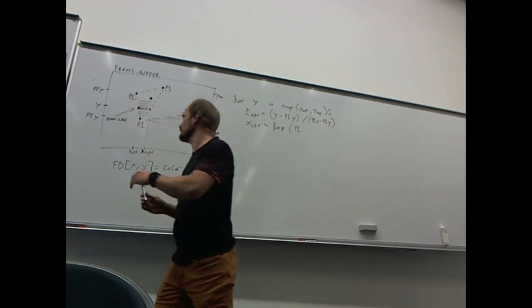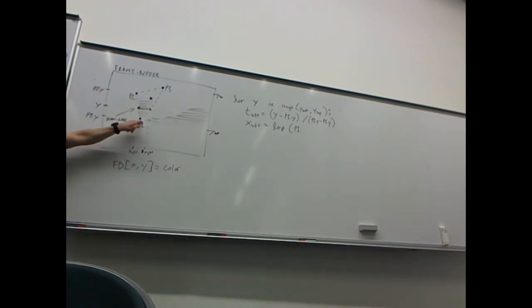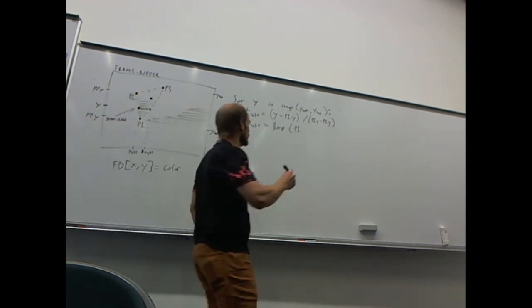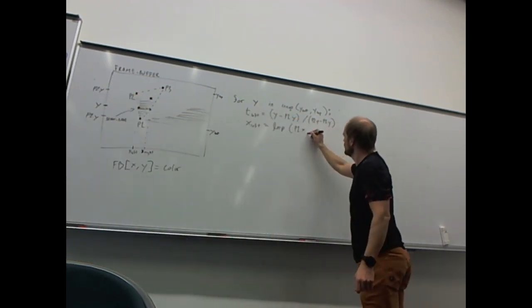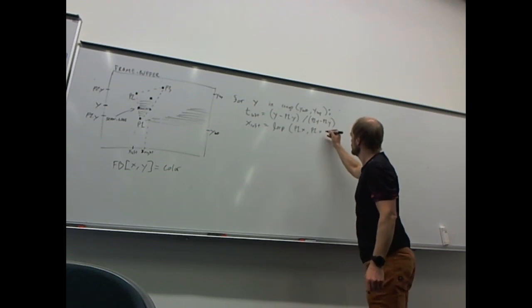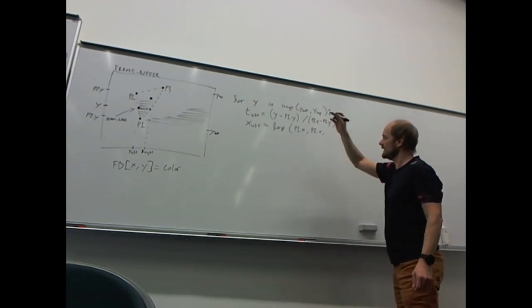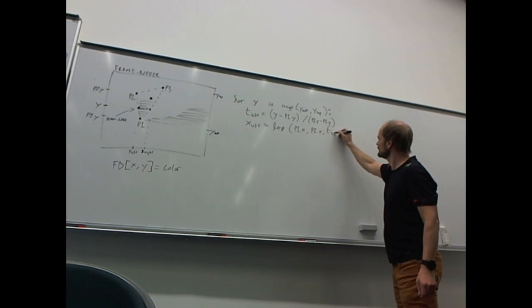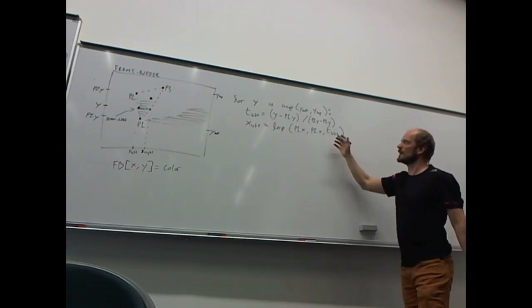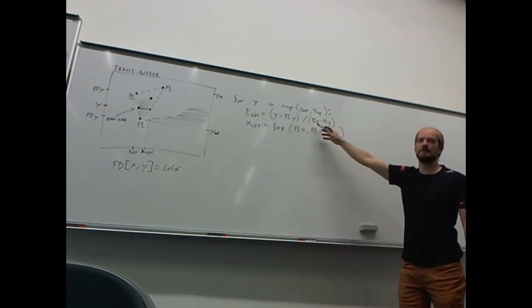So I'm going to say if I take the linear interpolation of the x value of P1 and the x value of P2 and the ratio that I know in the other dimension, I'm basically taking the ratio in this dimension and moving it into this dimension. So the linear interpolation of P1x and P2x with the parameter t left, or the parameter y minus P1y divided by P2y.